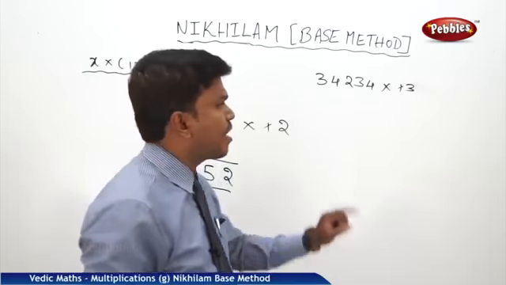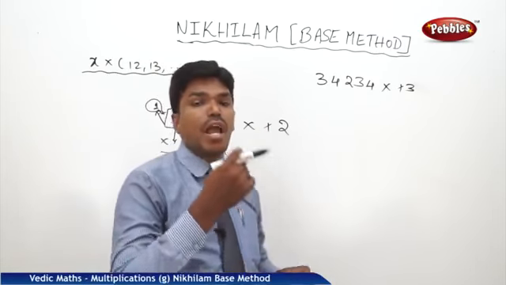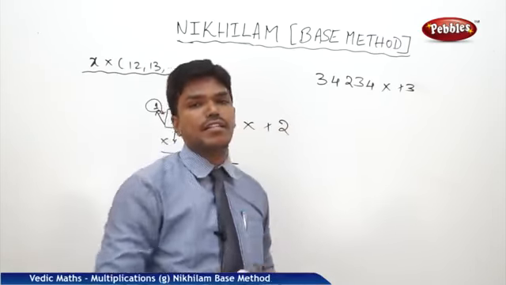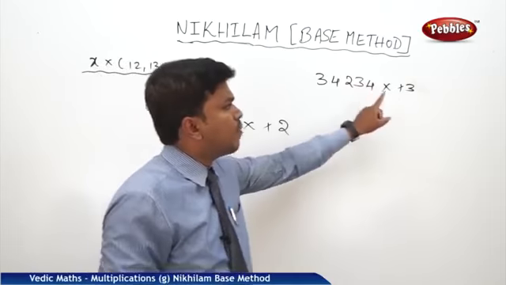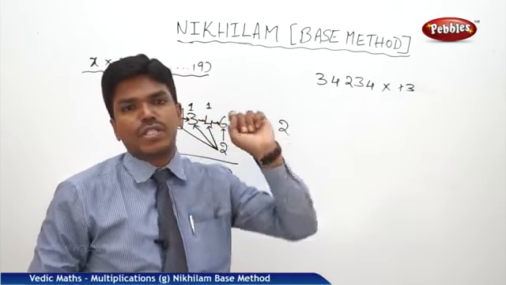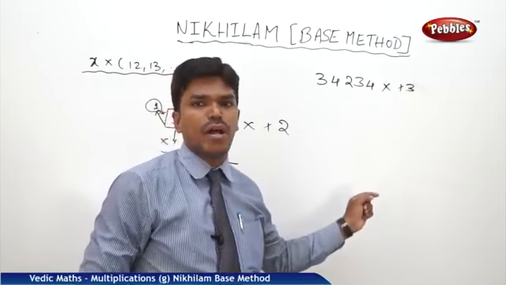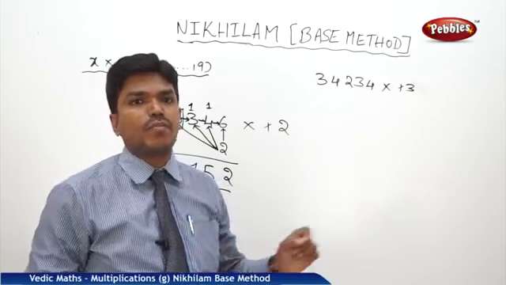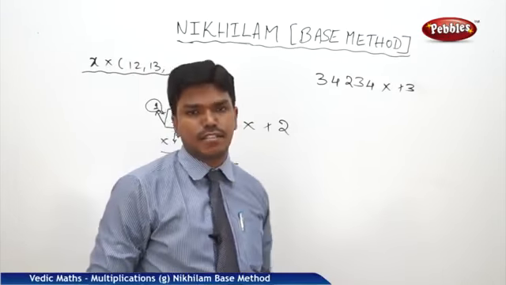Remember once again why I am adding the right side digit every time: since the main number is on the right side of the 1, that is why we multiply and add the right side digit.